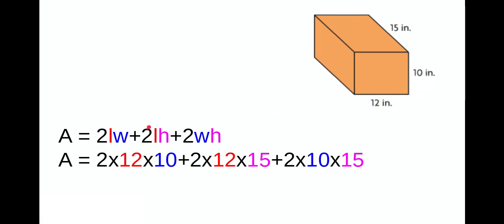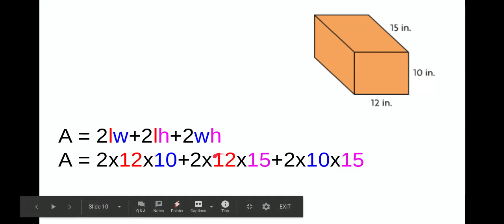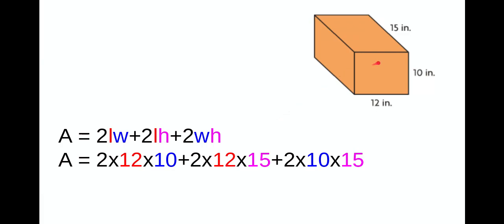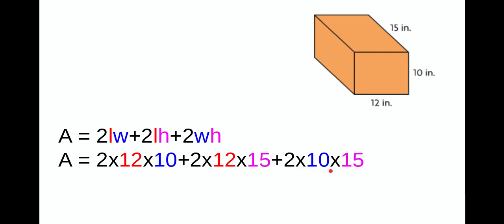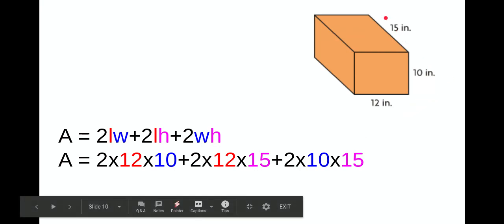And then for 2LH, or 2 times length times H, we're going to use that same number that we used for the L last time, which is 12. And this time we're going to multiply by the H, or essentially the number that we did not use yet, which is this 15. And the final thing is going to be the final combination that we haven't used yet, the width and the height, in this case the 10 and the 15. So it's going to be 2 times 10 times 15.